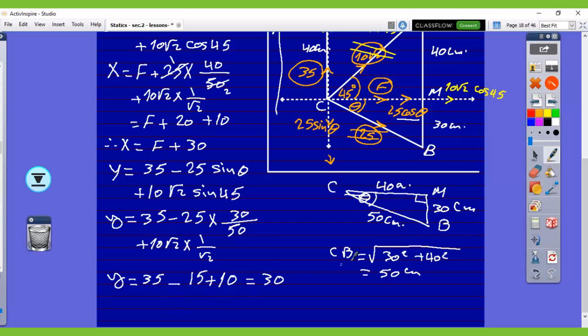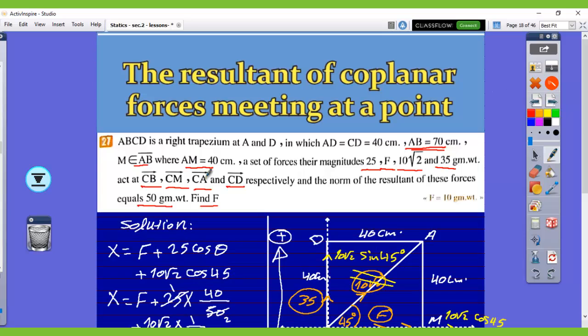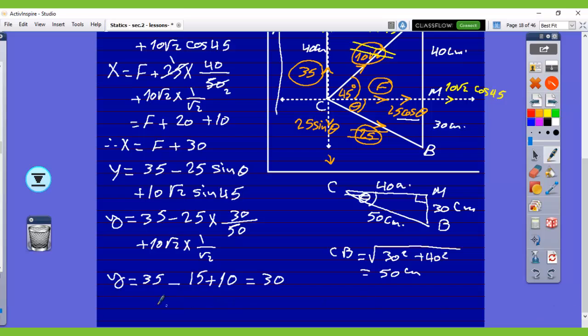But from the given, we have the magnitude of the resultant equals 50 gram weight, and we know that R, it is a rule, equals square root of x square, horizontal components, plus y square, vertical components.